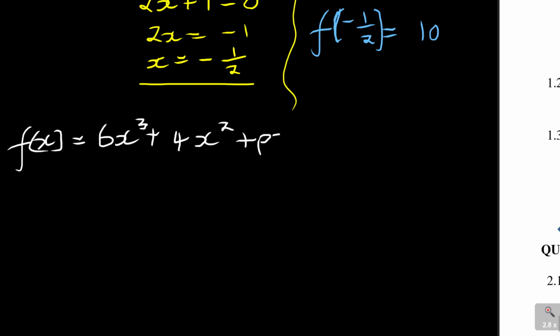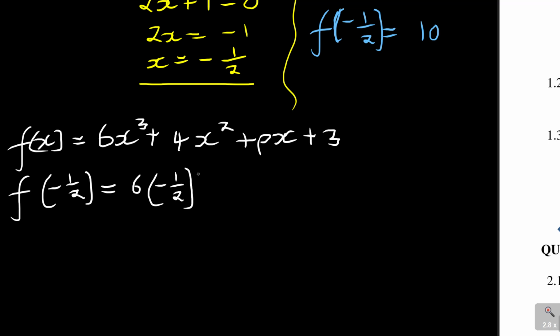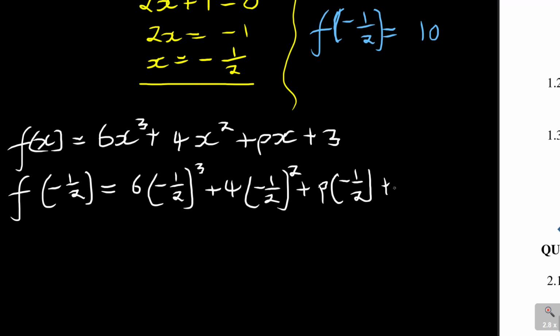And now I'm saying, if you say f of negative half here, this is equal to 6, it's part of the working, negative half cubed plus 4 negative half squared plus p negative half, okay, plus 3. Are you with me?